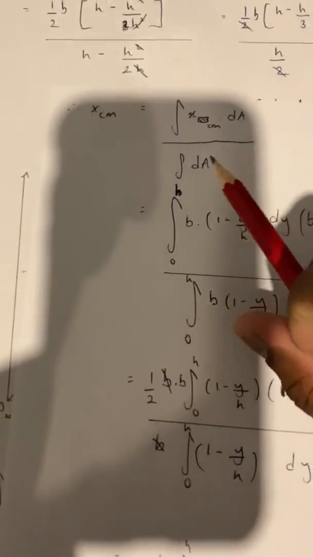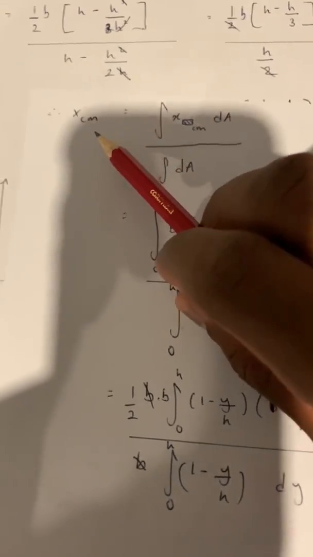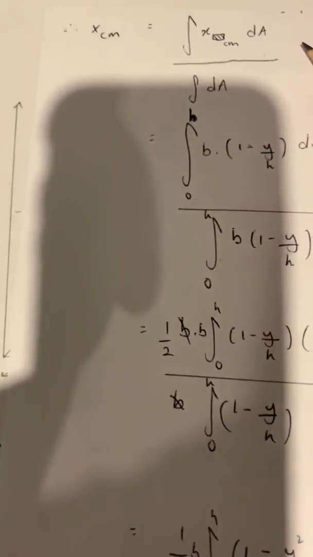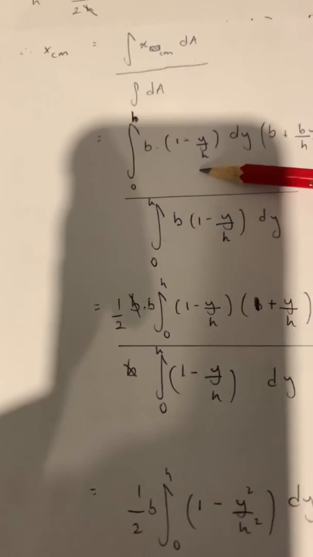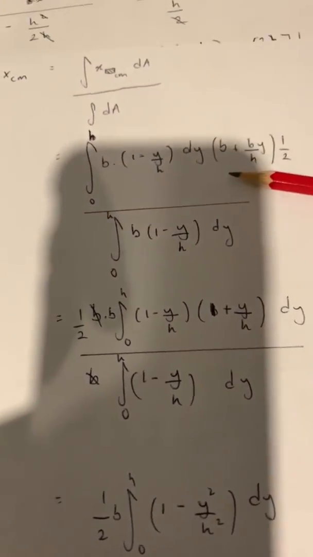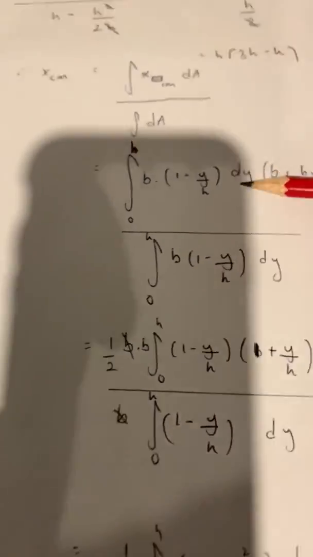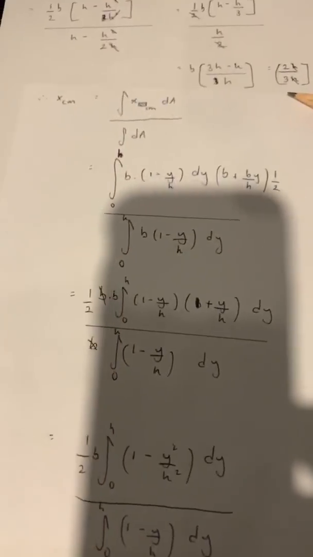Then from the initial equation we got the X center of mass equals that. So I'll sub in the values, integrating from 0 to h, because we're trying to find this X center of mass.